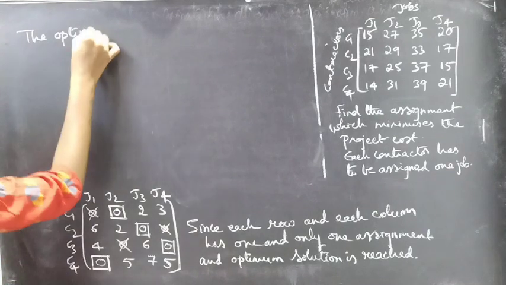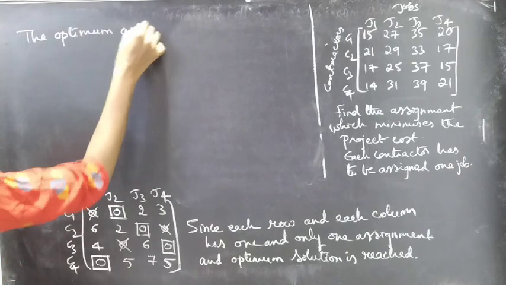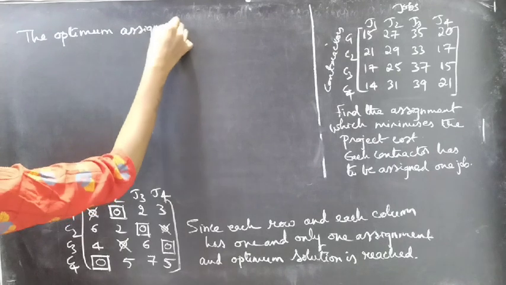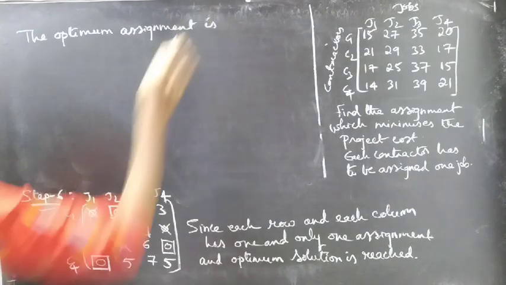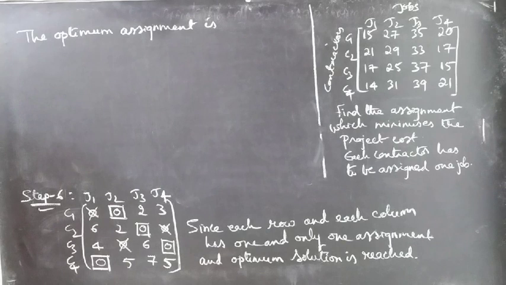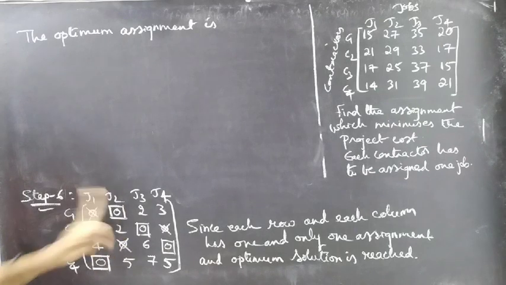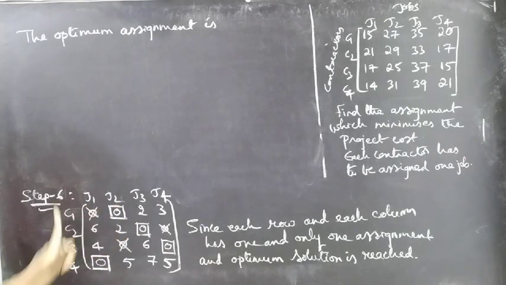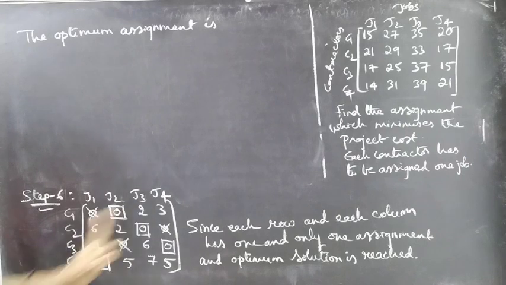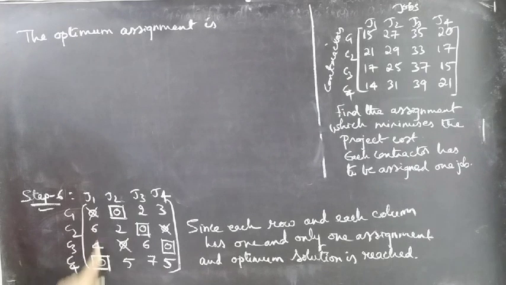The optimum assignment is: contractor C1 has to be assigned to J2, C2 is assigned to J3, C3 is assigned to J4, C4 is assigned to J1.